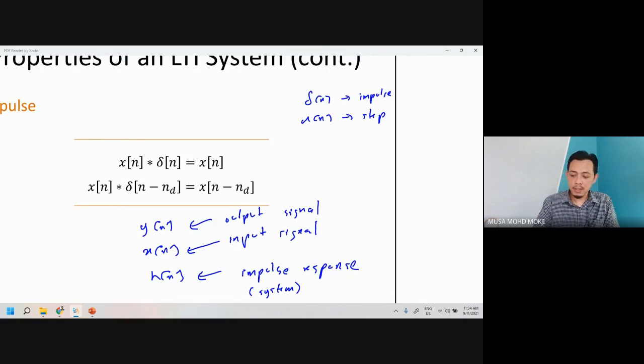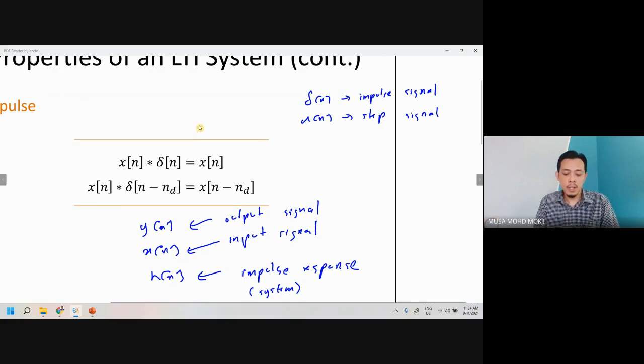We call that the impulse signal and the step signal. We don't call it an impulse system or a step system. That is a signal, so that's why we call them basic signals. We have learned that already.